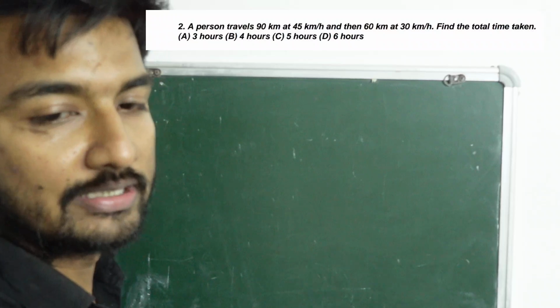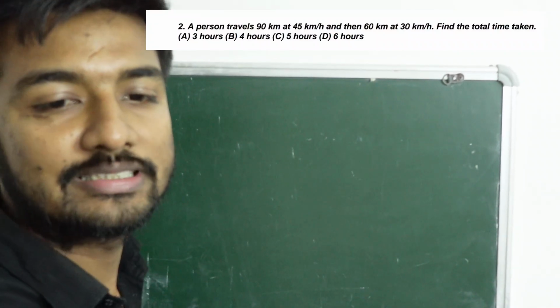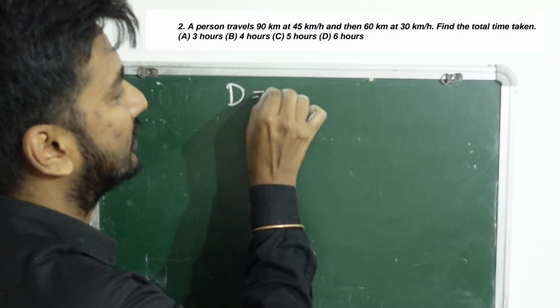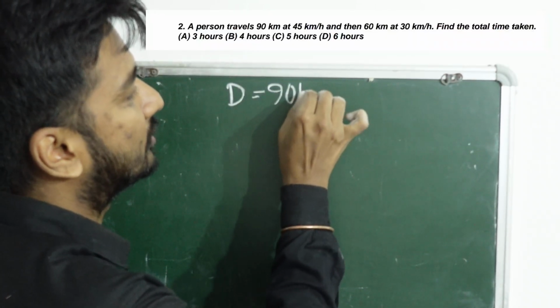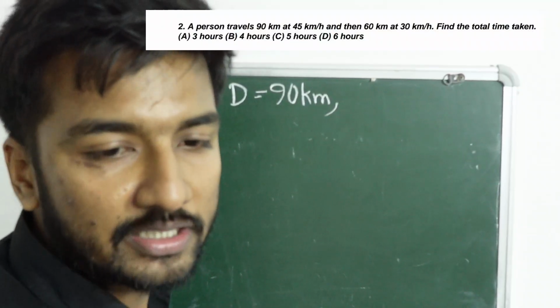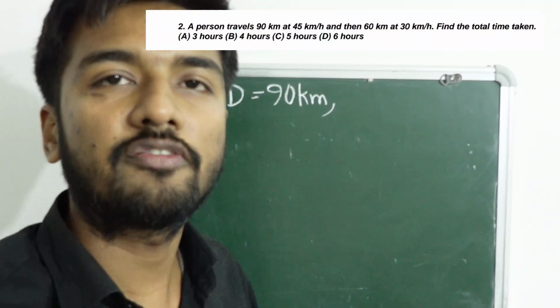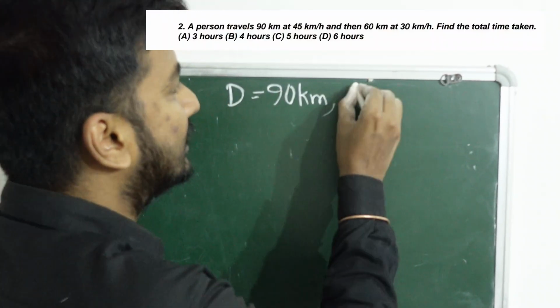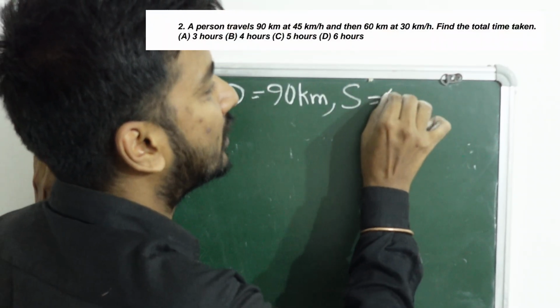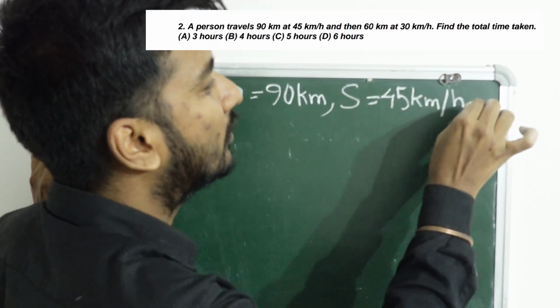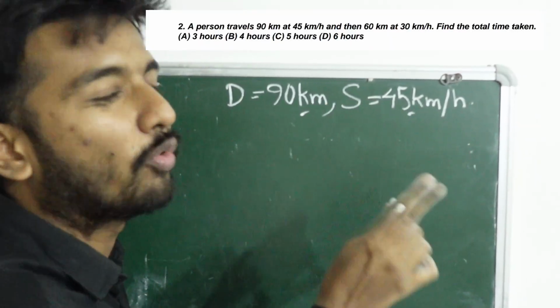Write what is given. It is given as a person travels 90 kilometers. 90 kilometers, that is distance. Now it is given as at 45 kilometers per hour. 45 kilometers per hour means speed. You will have a look at the kilometer. We don't have to change.